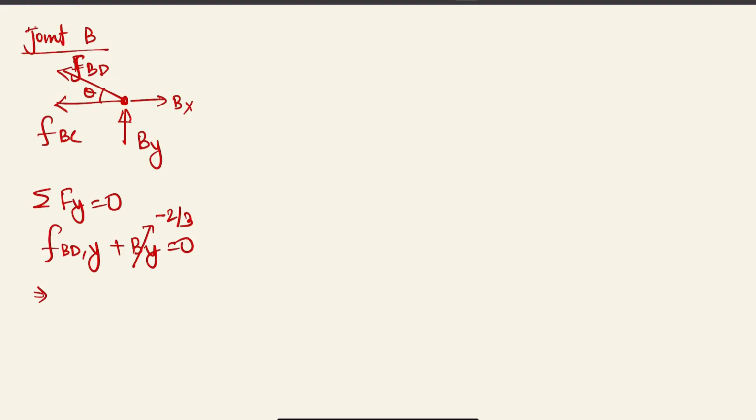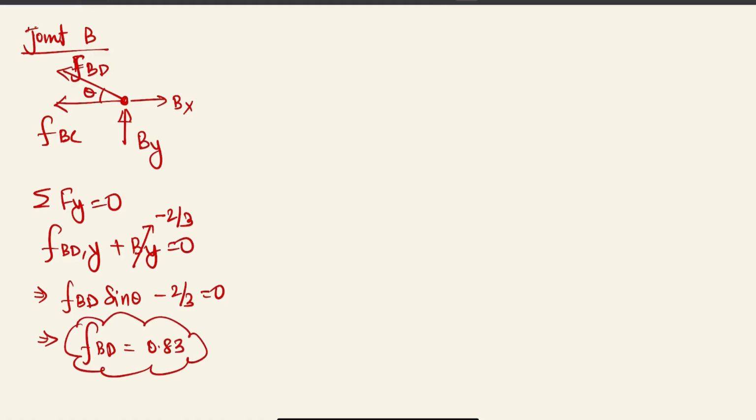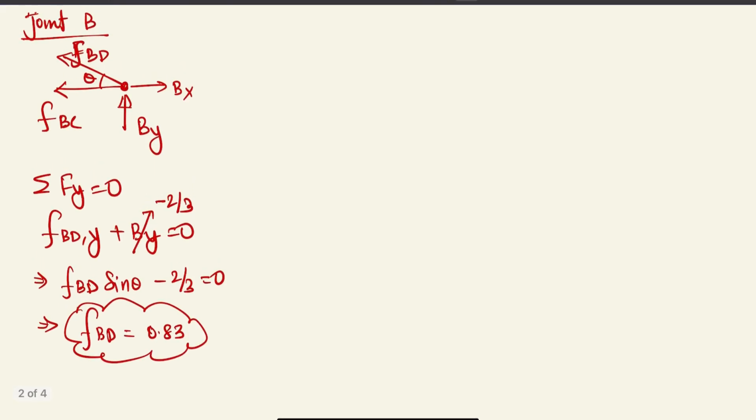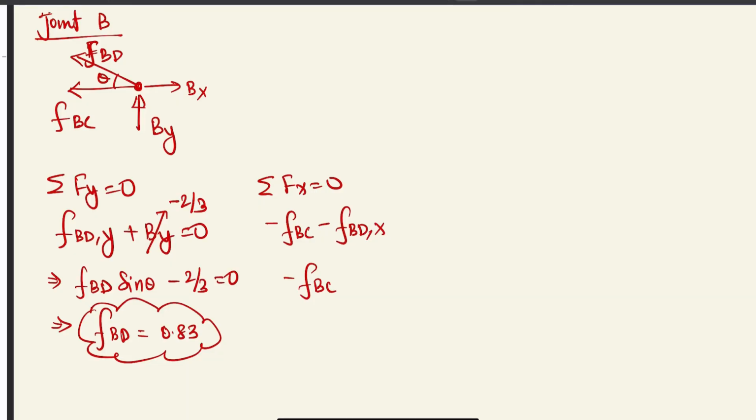So the FBD y component is sine theta, minus 2 over 3 equal to 0, and you'll get FBD is equal to 0.83 kips. And then we'll see the sigma of Fx equal to 0. So you'll have minus FBC minus FBD x plus Bx is equal to 0.